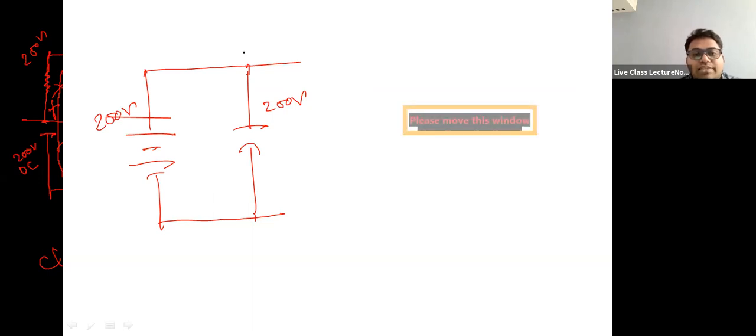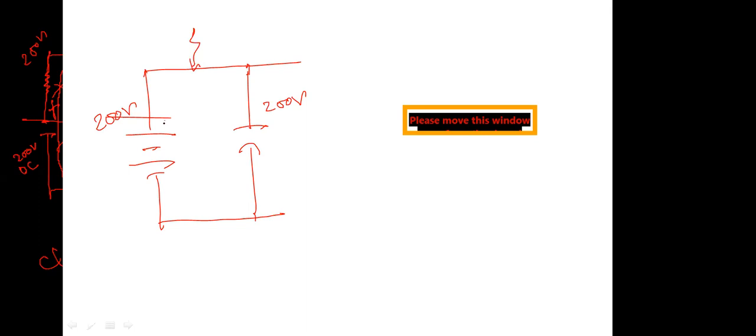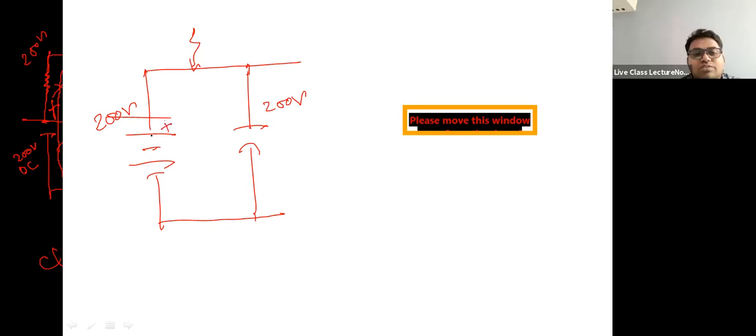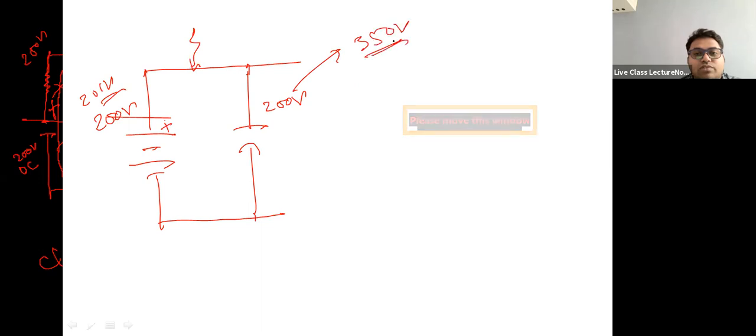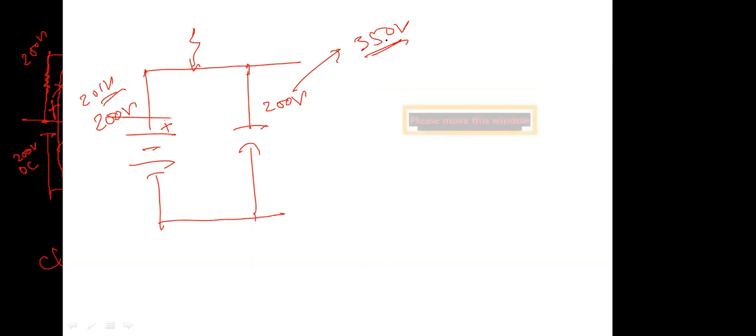But when there is a regenerative action and the current tries to enter these two, who is going to accept the charge fast? The capacitor. The battery is very slow with respect to the capacitor, so this voltage might go up by only 1 volt, and this voltage will jump up to around 350 or 400 volts. So which will be greater? Capacitor. That's it.